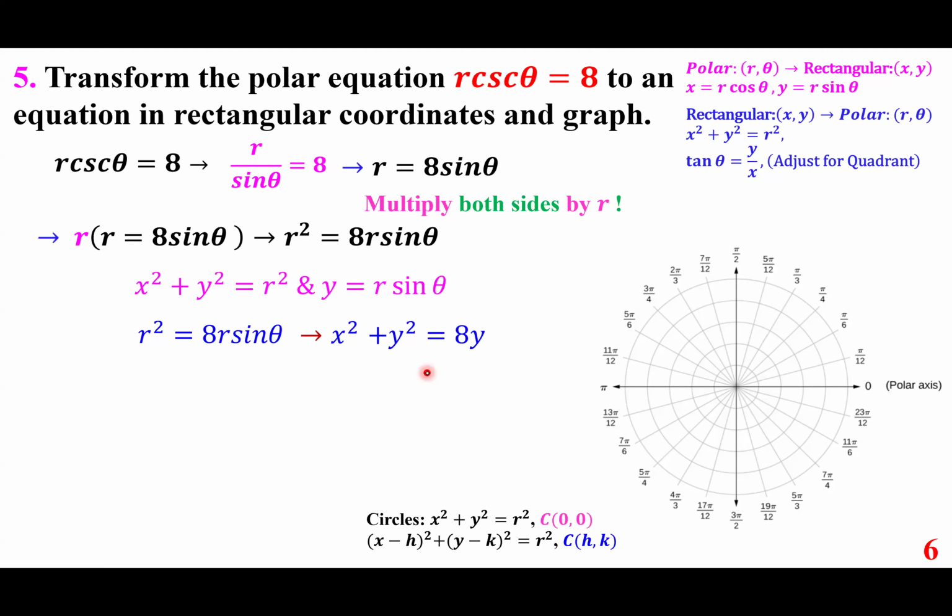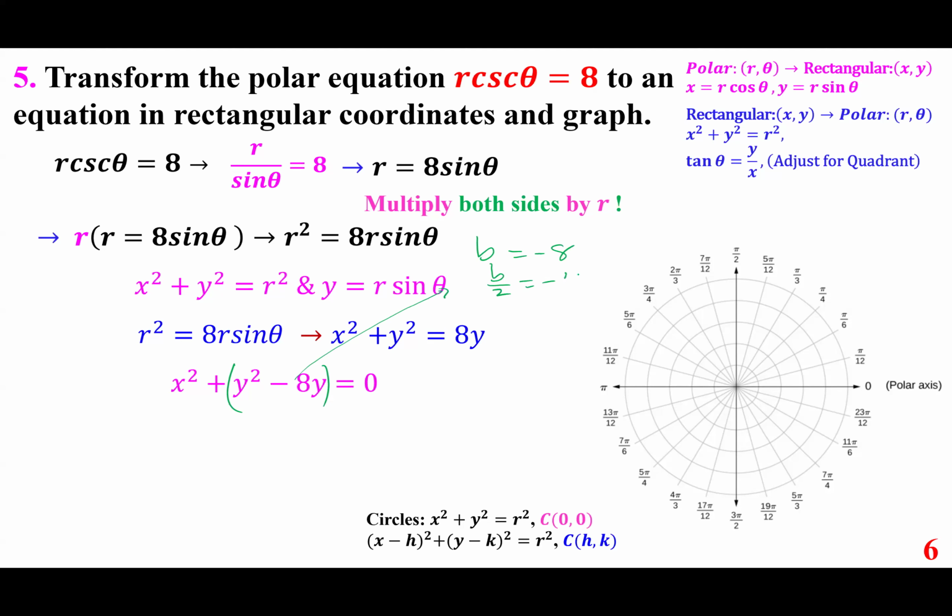So that should be pretty straightforward. Now we are going to move the 8y and again complete this square. B is negative 8.